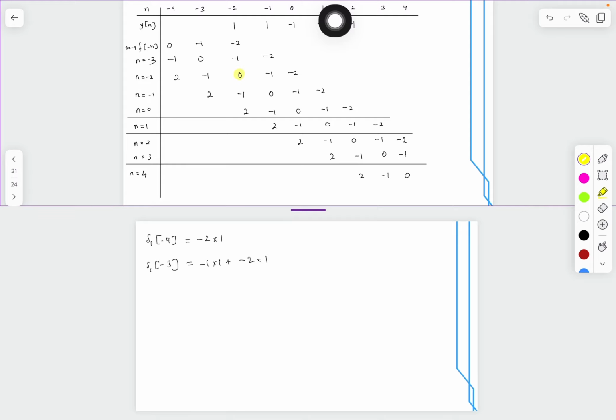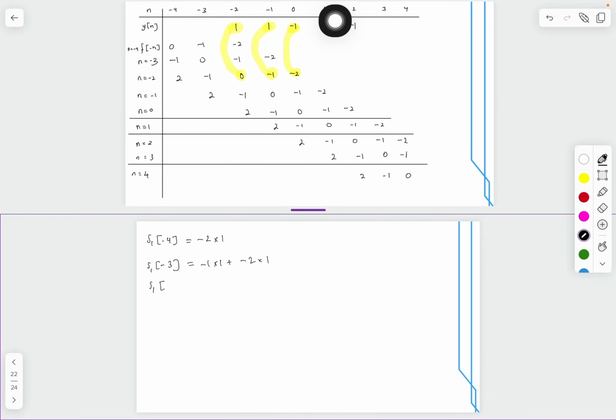So this is the first overlap, this is the second, and this is the third. So S1 at -2 will be equal to 0 times 1, -1 times 1, -2 times -1, and so on. Sorry, it's actually S2. My bad.